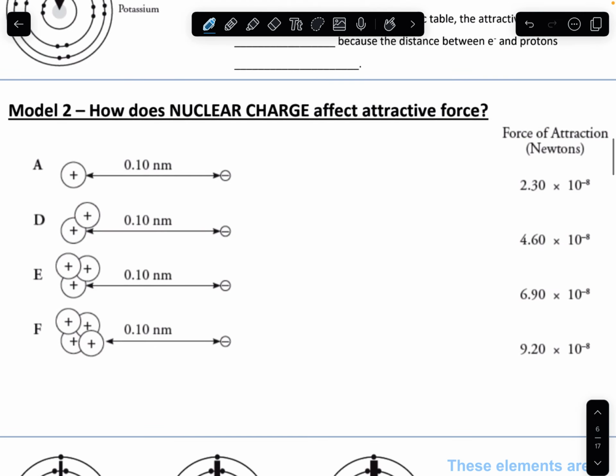Okay, so the next concept was looking at if we change the number of protons. So instead of changing distance, we're now going to look at changing those numbers of protons. So if we notice here in this picture, as our protons increase, right, that means that our force of attraction is going to increase as well.